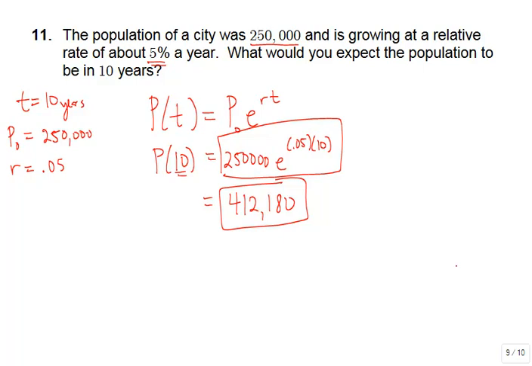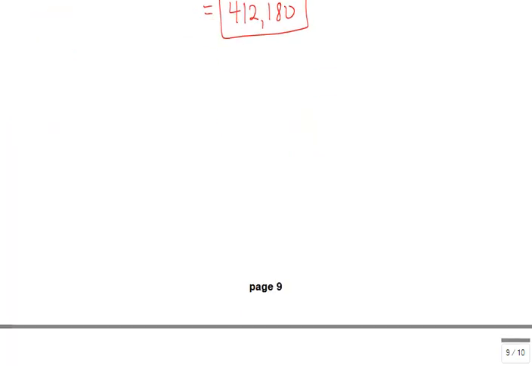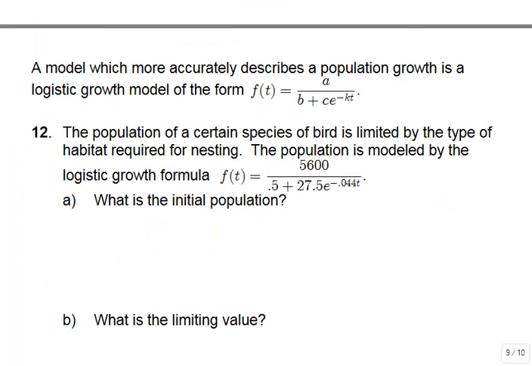Okay? Now this is population growth, assuming an exponential model. However, in real life, population doesn't usually grow exponentially because there are other factors like resources that can affect how fast or how much a population should grow.